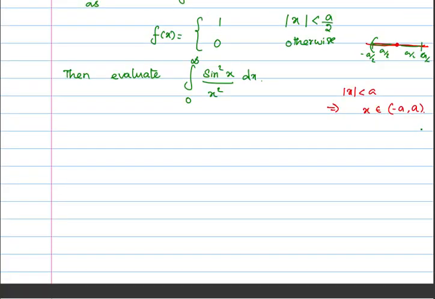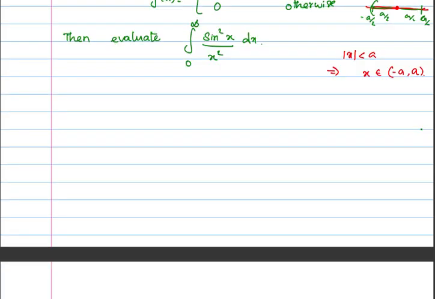Now I am going to find this. First we want to find the Fourier transform of f of x, then evaluate this integral. So first, F of omega equals the integral from minus infinity to plus infinity of f of x times exponential of minus i omega x dx.